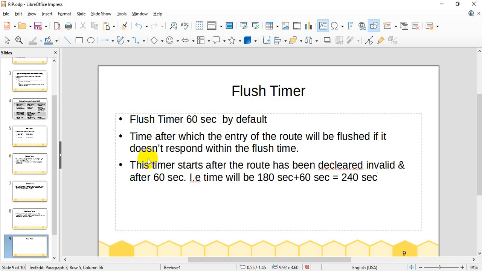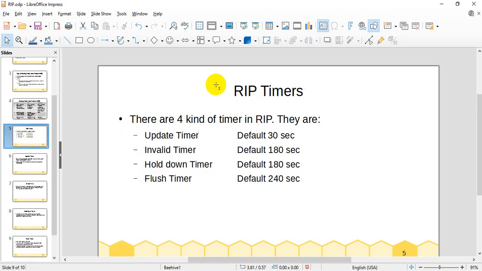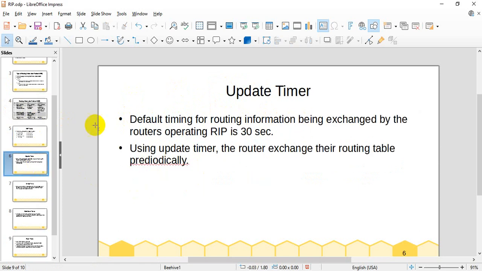Okay, these are the different kinds of timers in RIP version 1 and version 2. There are 4 kinds of timers in RIP. They are the update timer, invalid timer, hold down timer, and flush timer. The update timer is the default timer for the routing information being exchanged by the router operating RIP, 30 seconds.